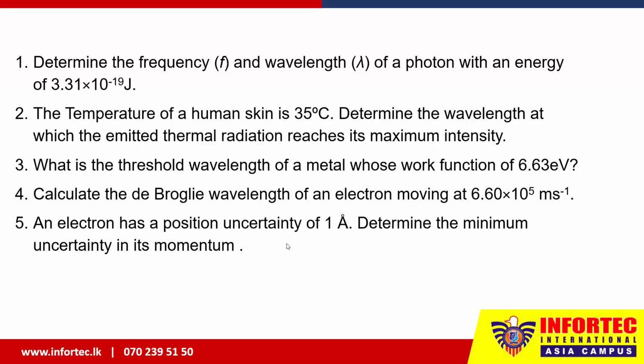Question number 4. Calculate the de Broglie wavelength of an electron moving at 6.6 times 10 to the 5. The velocity is given, and it also mentions the de Broglie wavelength. So what is the de Broglie wavelength? You have to remember the equation for the de Broglie wavelength.